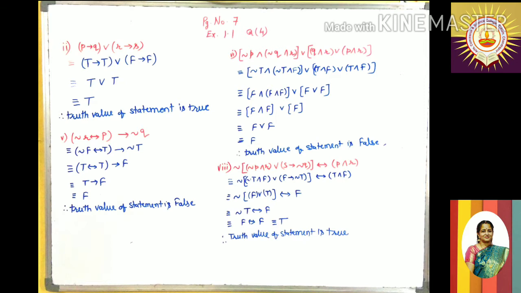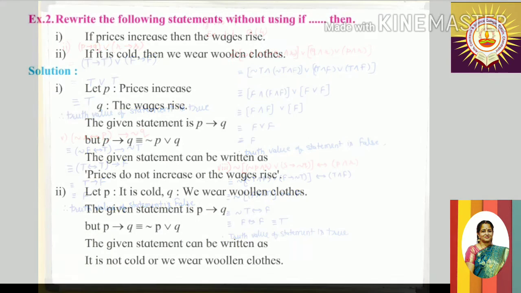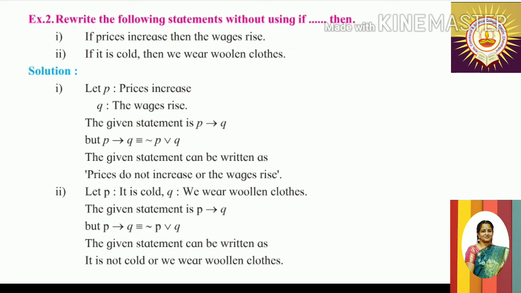Question number 4 is, if the statements P, Q are true statements and R, S are false statements, then determine the truth value of the following. Students, I give you some answers from that exercise.